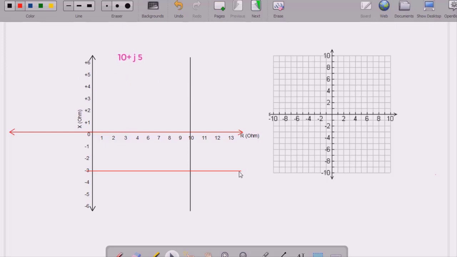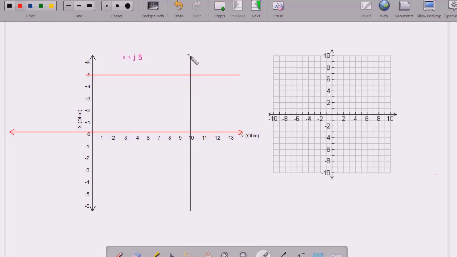So I will take the help of this horizontal line, and I will fix it here. Now this horizontal line represents a reactance of fixed value, but since you can move from this end to this end, you can choose different values of resistances, but the reactance is going to be fixed. Now the intersection of these two lines represents an impedance of 10 plus j times 5.